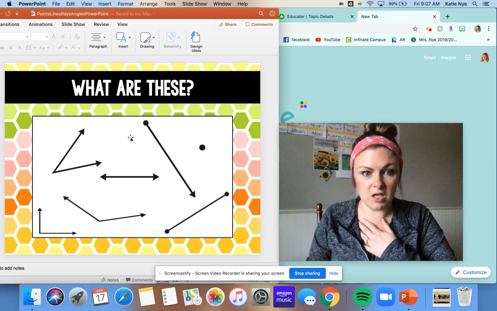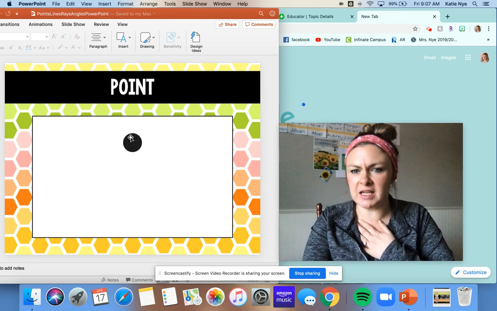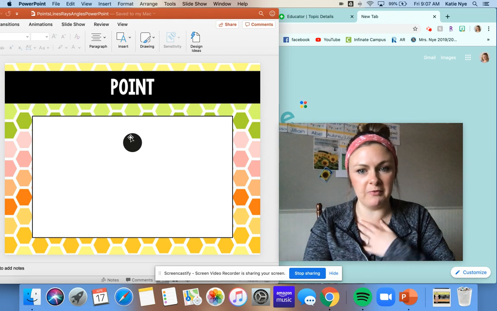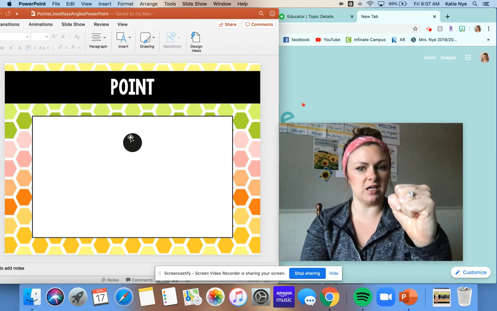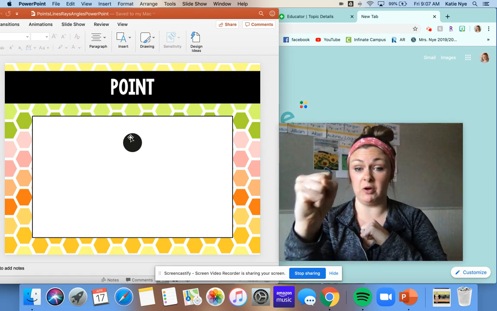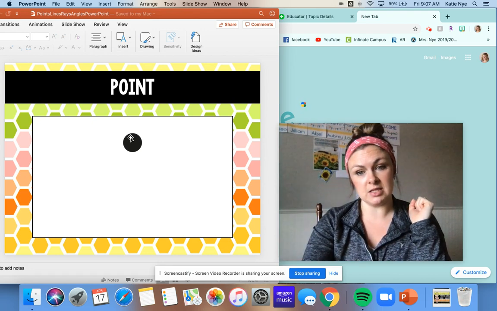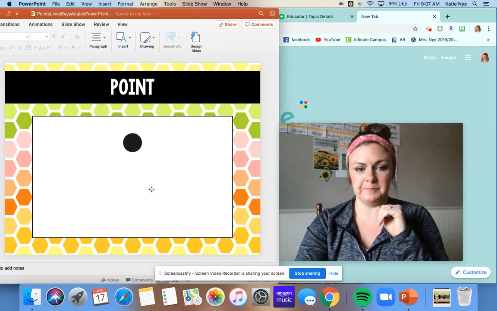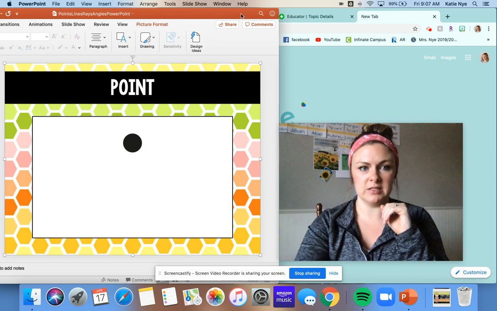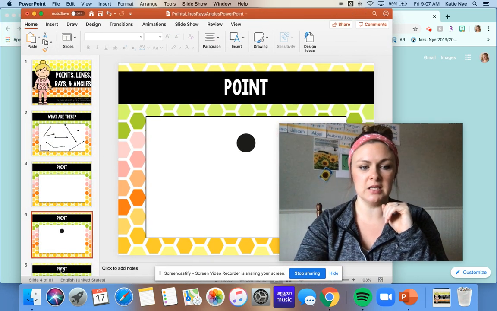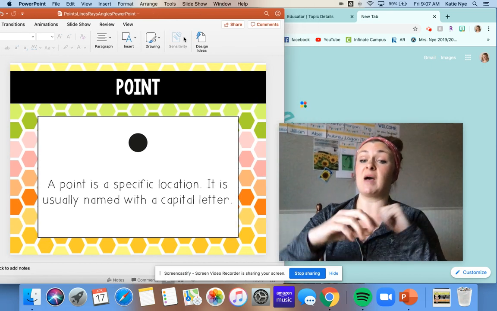So here we go. Here is a point and the definition for a point. But before I tell you the definition, I want everybody to hold up their fist. There is our point. Anytime that we are talking about a point, we are going to be using our fist as that point. The definition of a point is a specific spot or location.